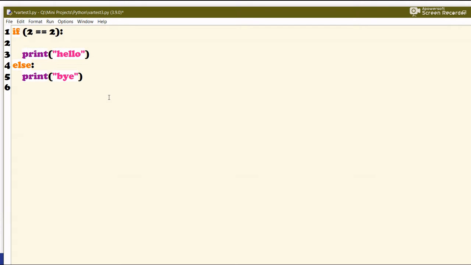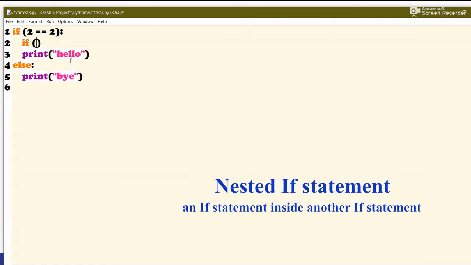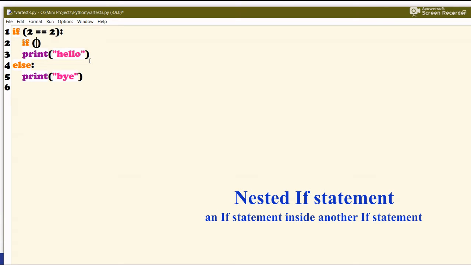We can actually add another conditional statement inside of this old conditional statement, saying if 3 equals to 3, and again a colon, and this print statement will actually be inside of this conditional statement. So it will be two times indentation of the first indentation.